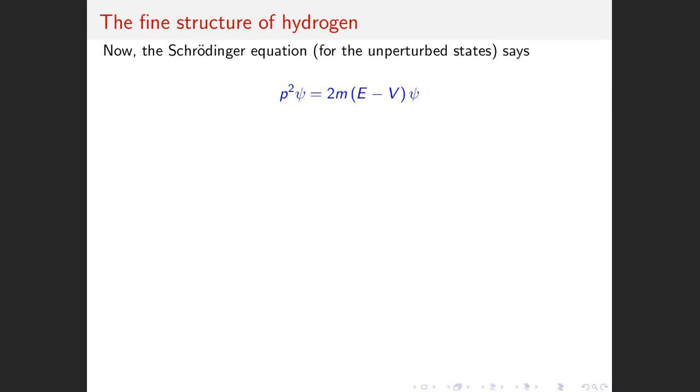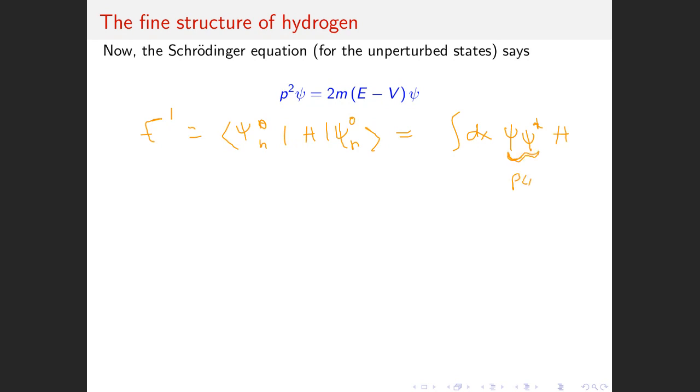As I said, the correction is given by psi_n0, H perturbation, psi_n0. And maybe if you write this out, let's say that for a simple problem, this is just the integral of psi_n psi_n times H, and this is a probability distribution.